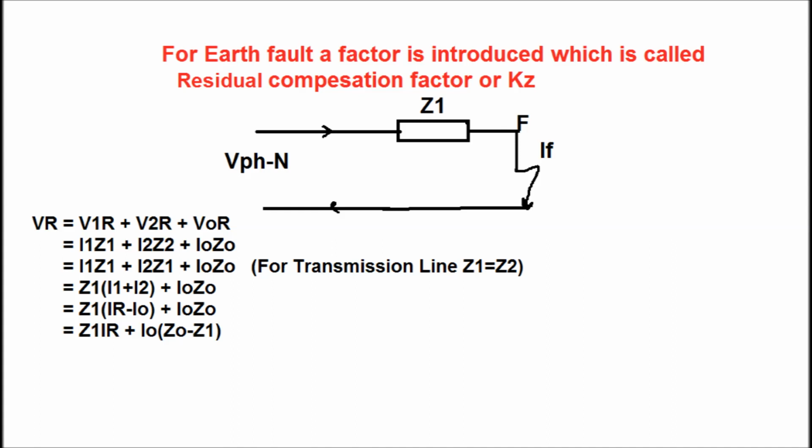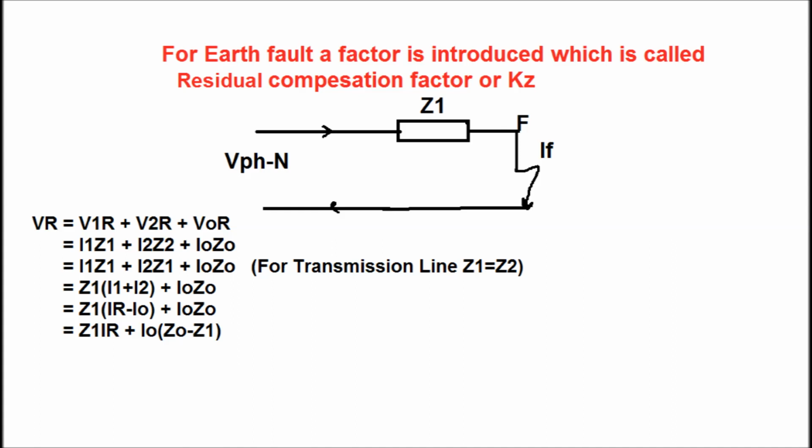Now we want to express the equation in terms of Z1. Now the fault occurs in the red phase. Here red phase current is equal to the sum of all the components of the current, that is I1 plus I2 plus I0, or we can express it in terms of I0, that is equal to 3 I0.